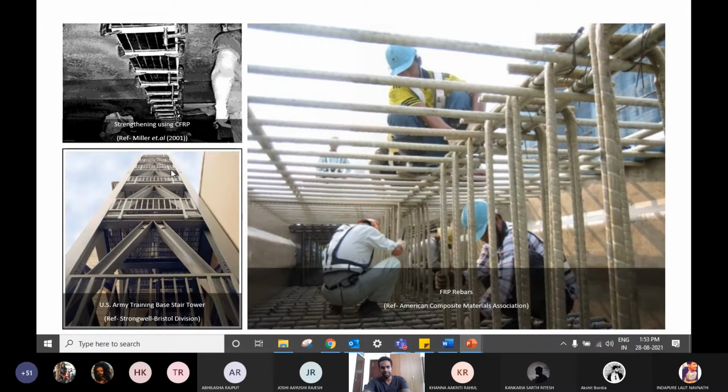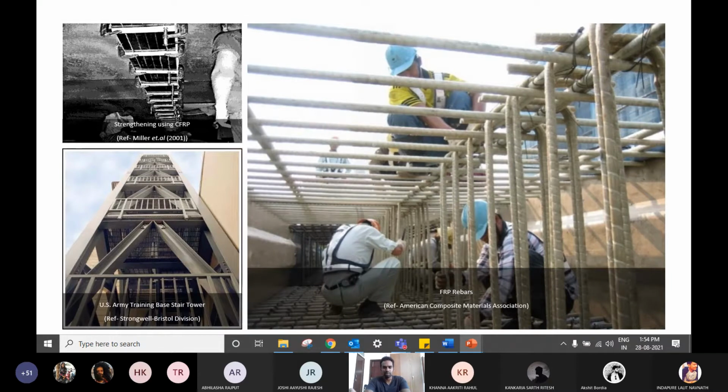So these are examples of advanced composite applications. The first one is strengthening using CFRP: column strengthening, girder strengthening, or slab strengthening of an existing structure that you need to retrofit. If you're using the same material like concrete or steel, it would be bulky, adding a lot of weight, and that increases the load on the foundation also, right?